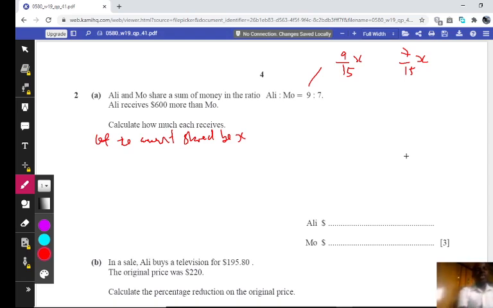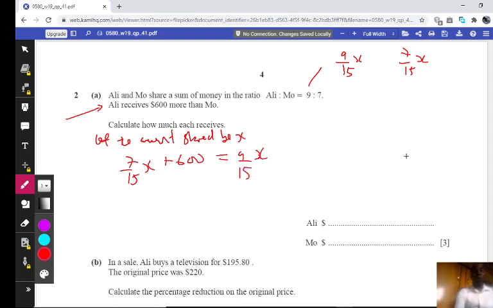Now let's consider this statement: Ali receives 600 more than Mo. Which means if you take Mo's amount, 7/15x, plus 600, then we get the amount that was received by Ali.